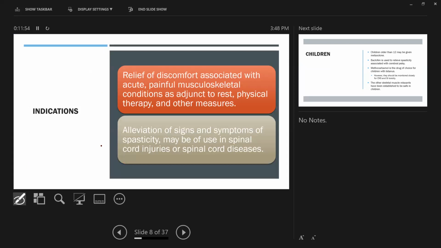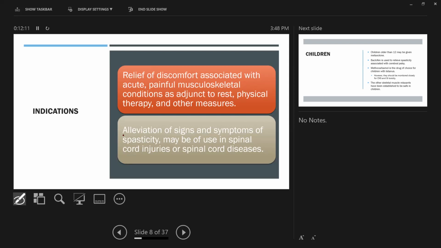What are they used for? They're used to relieve the pain and discomfort associated with musculoskeletal injuries. They're used with rest, physical therapy, and other measures.